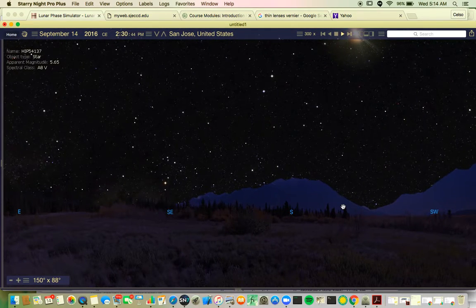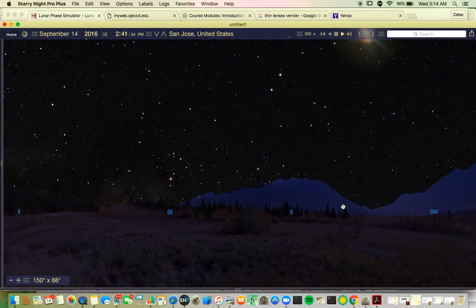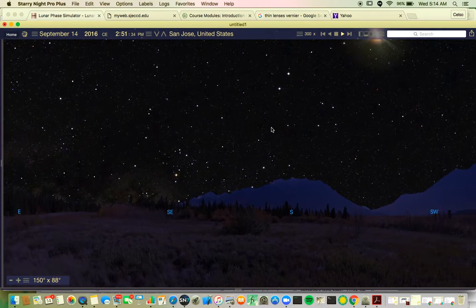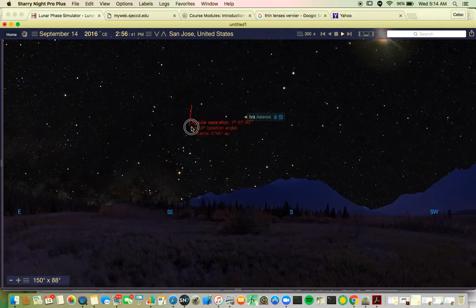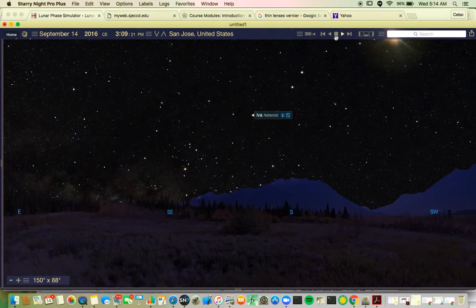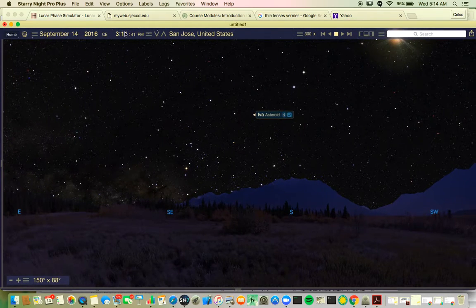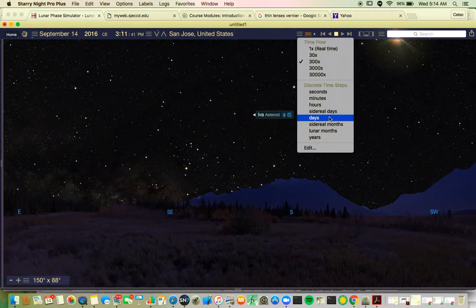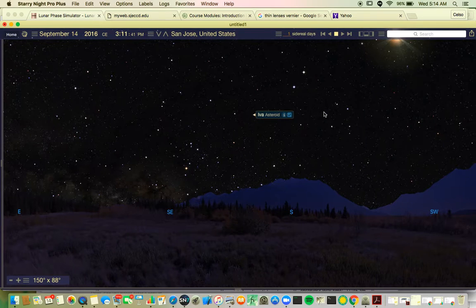The other motion is Earth's revolution around the sun. In order to mimic this motion, here's what I'm going to do. I'm going to stop this now, and change to sidereal day.